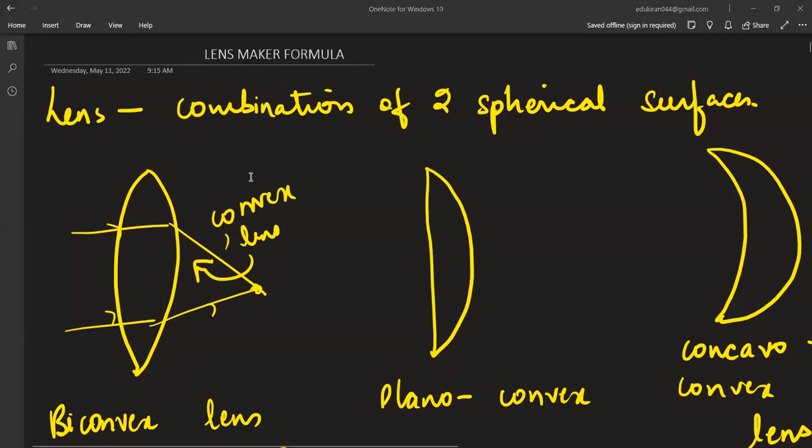Yes, class. Now starting with lens. So before we start with lens, make a formula. Let us talk about lens.